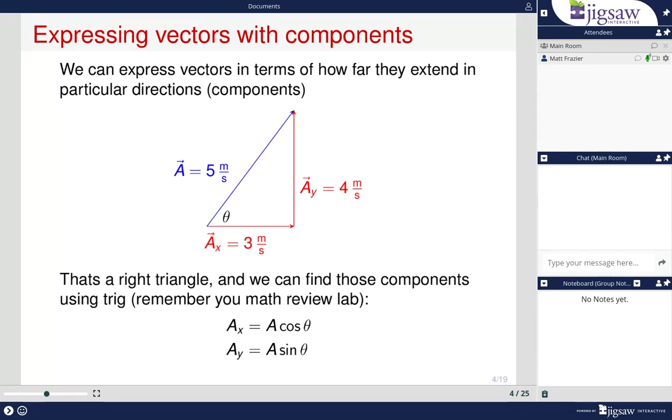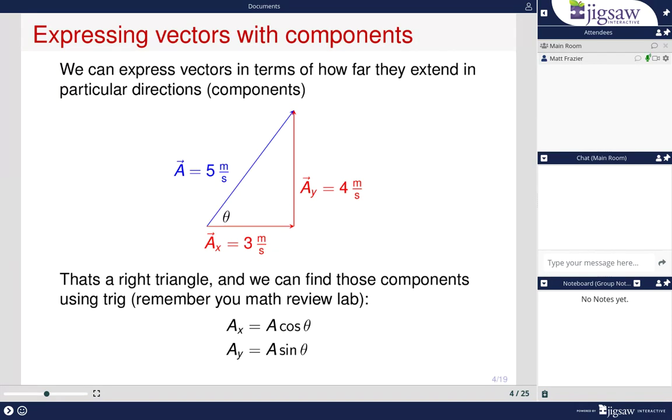So this vector that we have drawn here has some extent, and we can make any two vectors add up to it eventually. But what we do is we pick the ones that are along our axes, along the x-axis and along the y-axis. Right? And so because the axes are perpendicular, y is perpendicular to x, then there's a right triangle here.